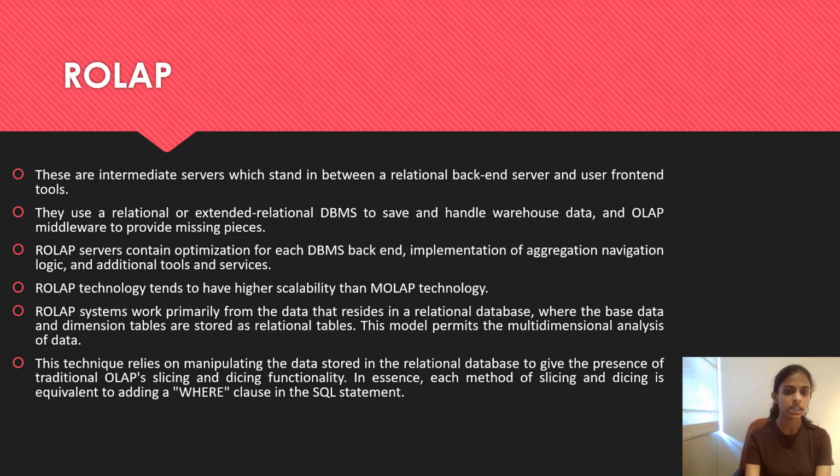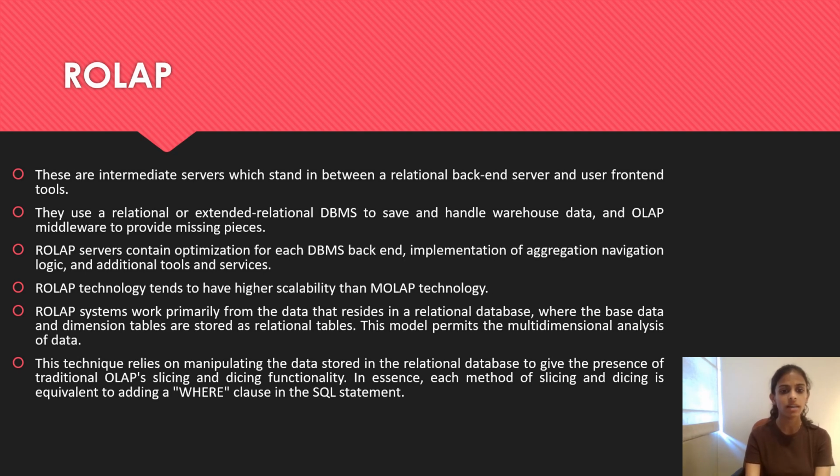These are intermediate servers which stand in between a relational backend server and user front-end tools. They use a relational or extended relational DBMS to save and handle warehouse data and OLAP middleware to provide missing pieces. ROLAP servers contain optimization for each DBMS backend, implementation of aggregation, navigation logic, and additional tools and services.